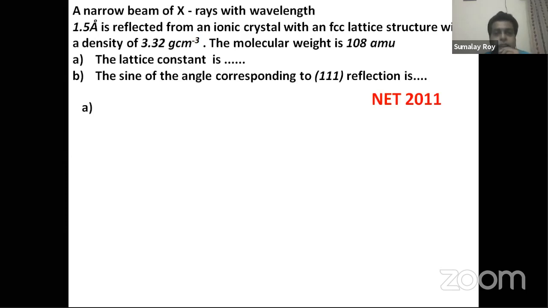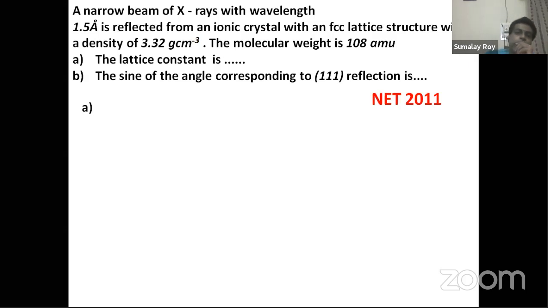Bragg's law will come later. This part A doesn't have anything to do with Bragg's law. The second part will have Bragg's law. Sri Lakshmi said wavelength, Bragg's law. These will always come in the second part, not in the first part, because in the second part it is the sine of the angle corresponding to 1 1 1. I am talking about the first part.